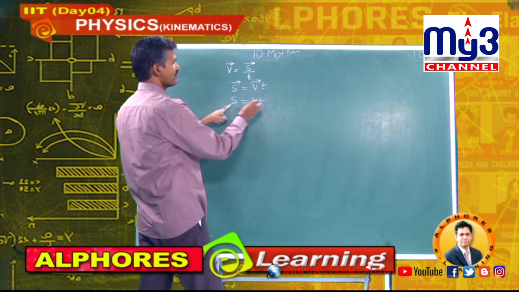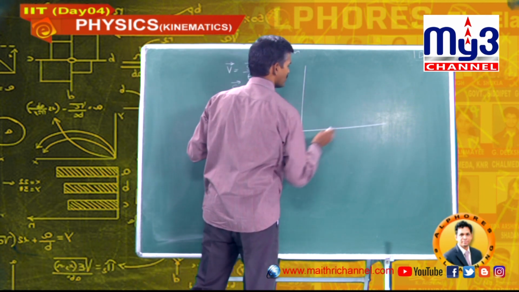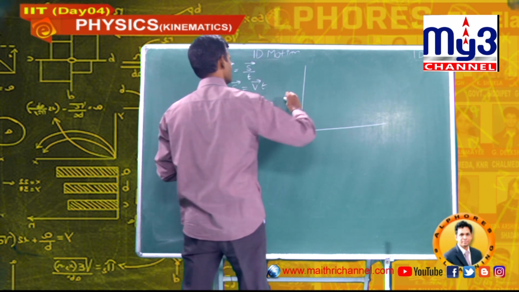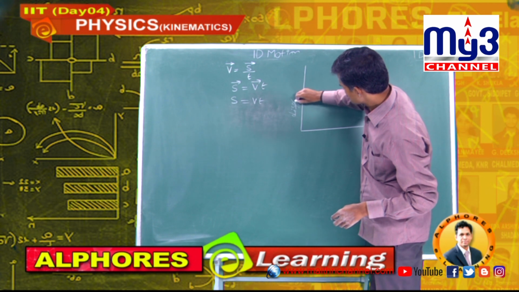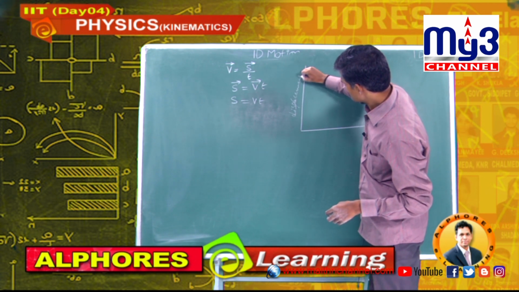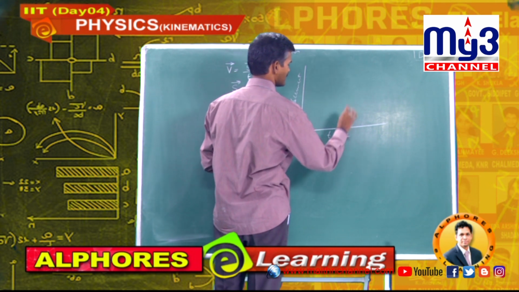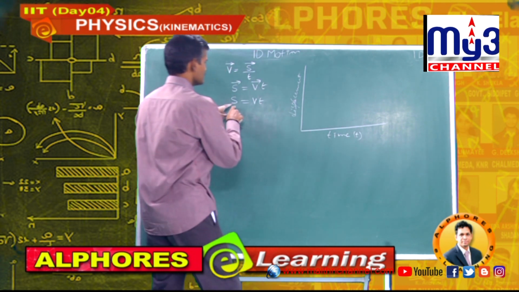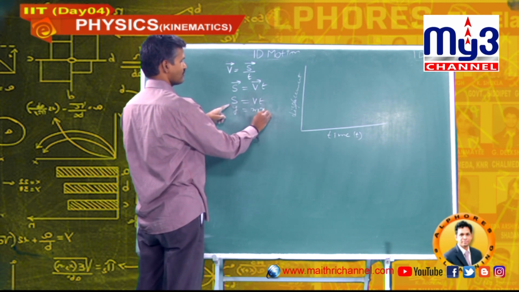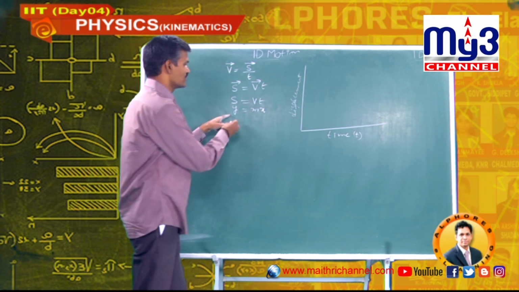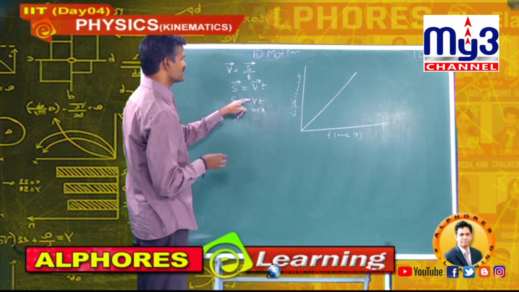If I consider displacement on the y axis and time on the x axis, this equation is just like y equal to mx. So it is a straight line graph passing through origin. What is the slope?